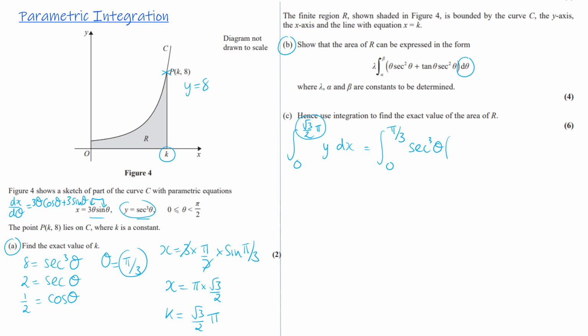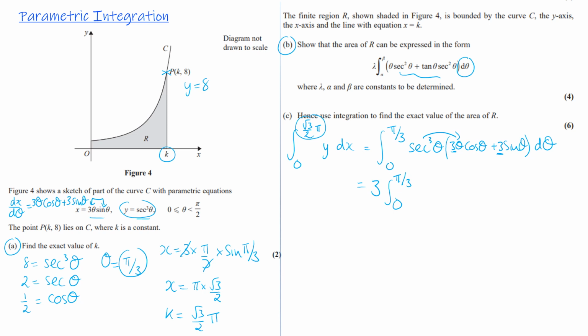So I need to times that here, 3 theta cos theta plus 3 sine theta, and then it's going to be d theta. So in order to get this expression, I need to multiply these in. I can see I can take a 3 out. So that's going to be 3, the integral between 0 and pi by 3.